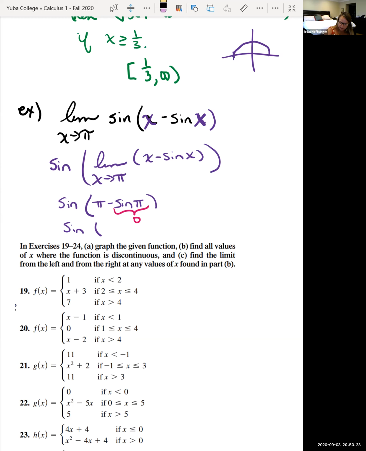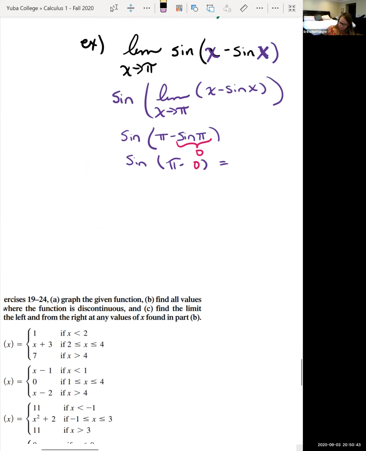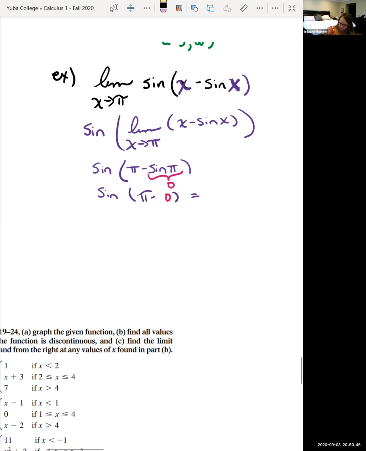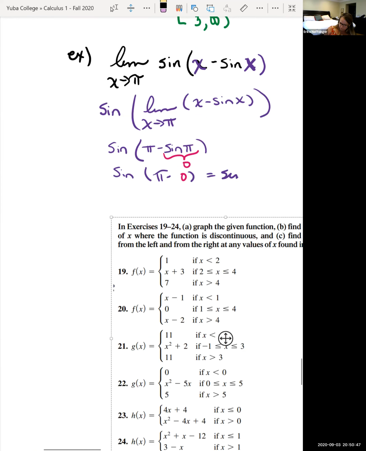This gives me pi minus 0, which is the same thing as sine of pi, and sine of pi, we just discussed, is 0. So the limit exists, and we wanted to know if it was continuous there.